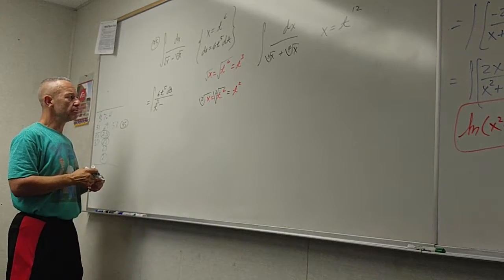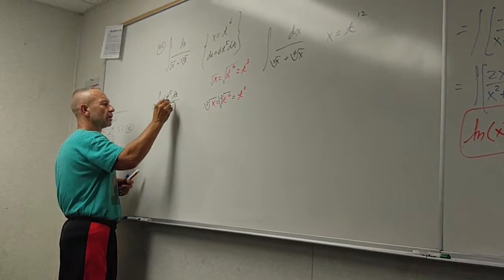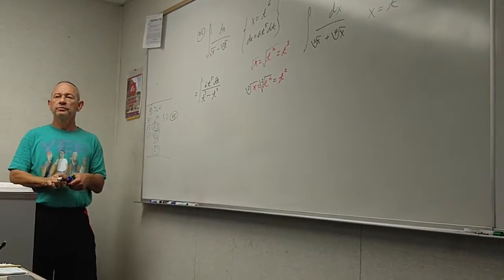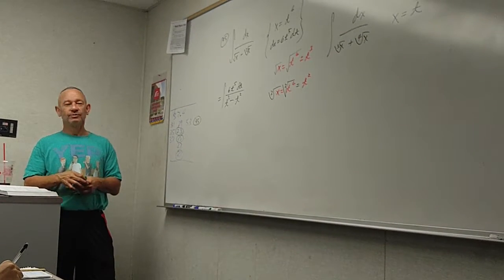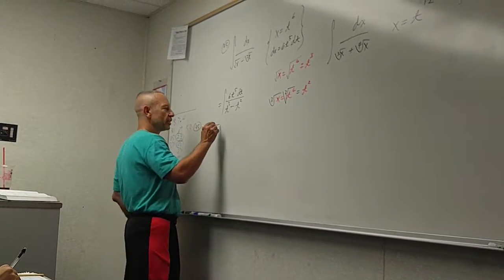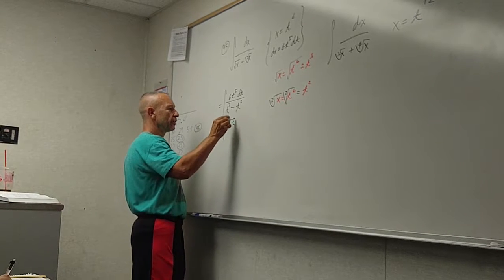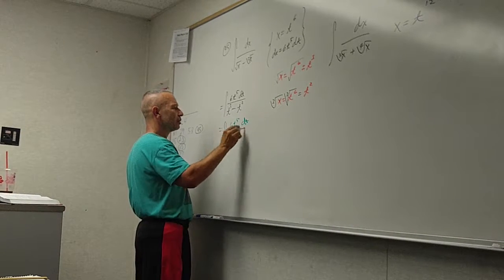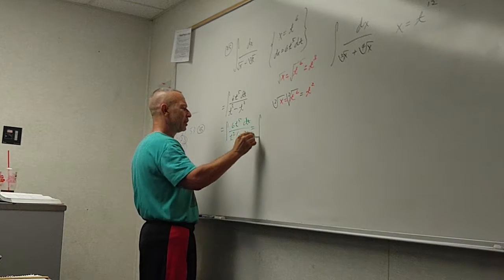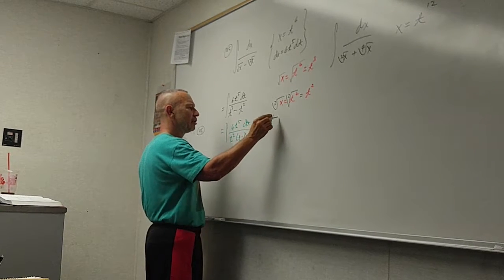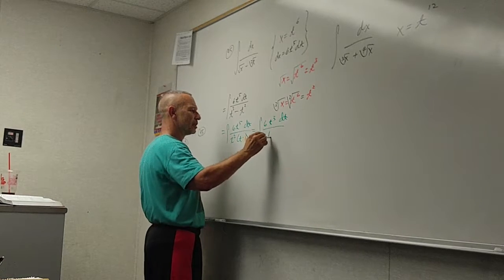So t cubed minus t squared. Which is integral 6t to the 5th dt over t squared times t minus 1, which is integral of 6t cubed dt over t minus 1.